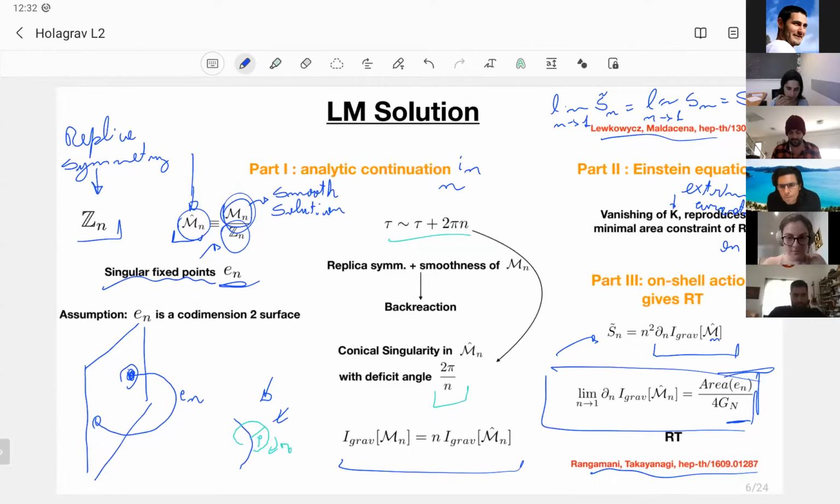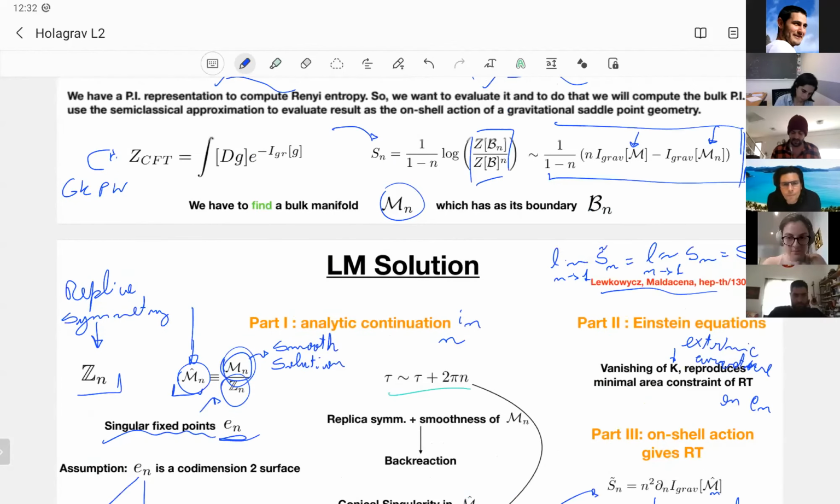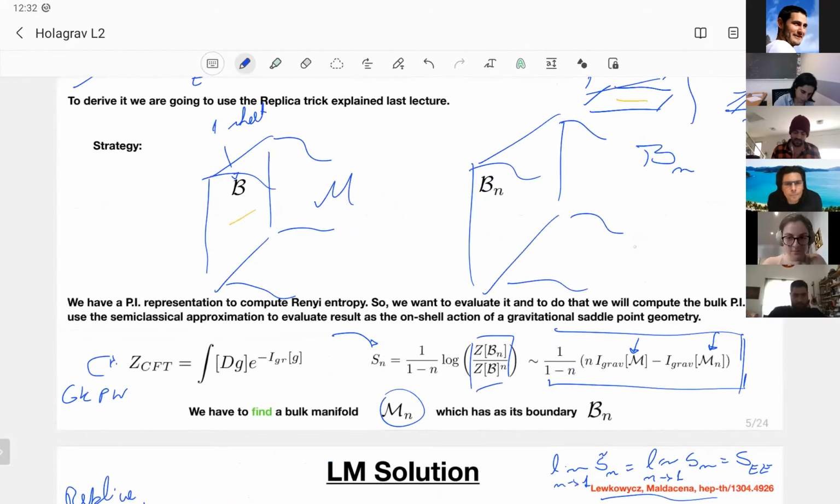In fact, at the end you can have many manifolds, and you have to find the saddle point, the one that contributes least to the action. And this is why Fursaev finds one manifold and Maldacena other ones.